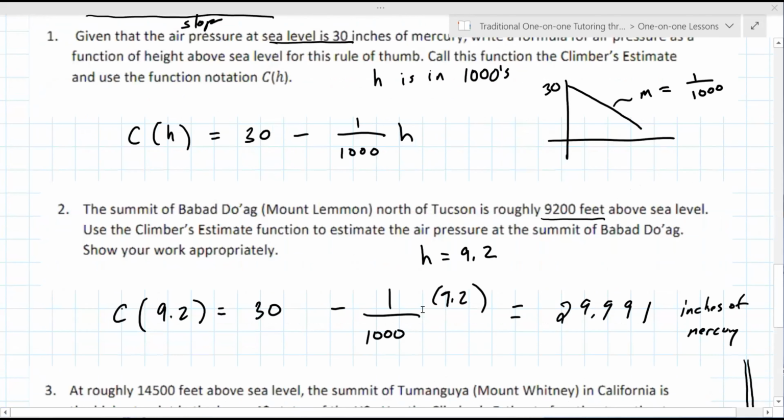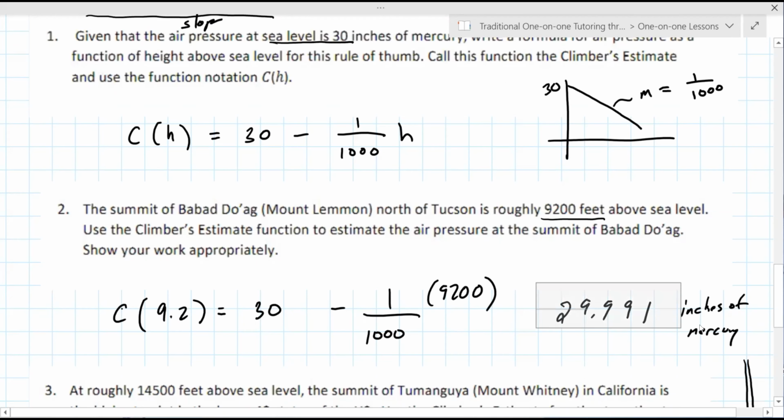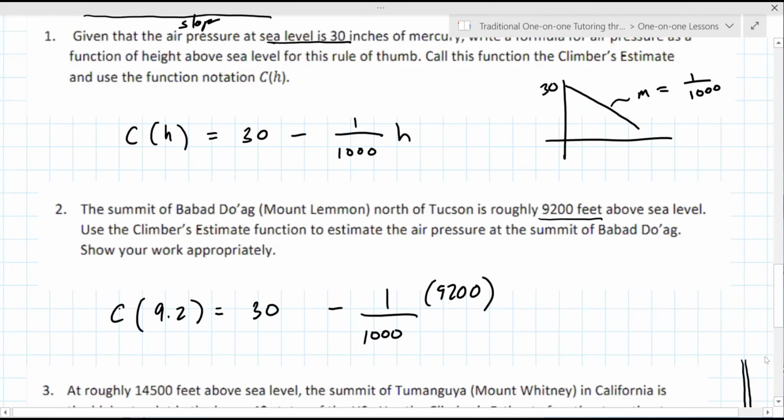I tend to think that this should be 9,200 here. And it gives a slightly better answer, especially for the next one, for Mount Whitney. So let's do this again, because I just don't think you're going to get an answer that's reasonable here. So this would equal 20.8. Okay.